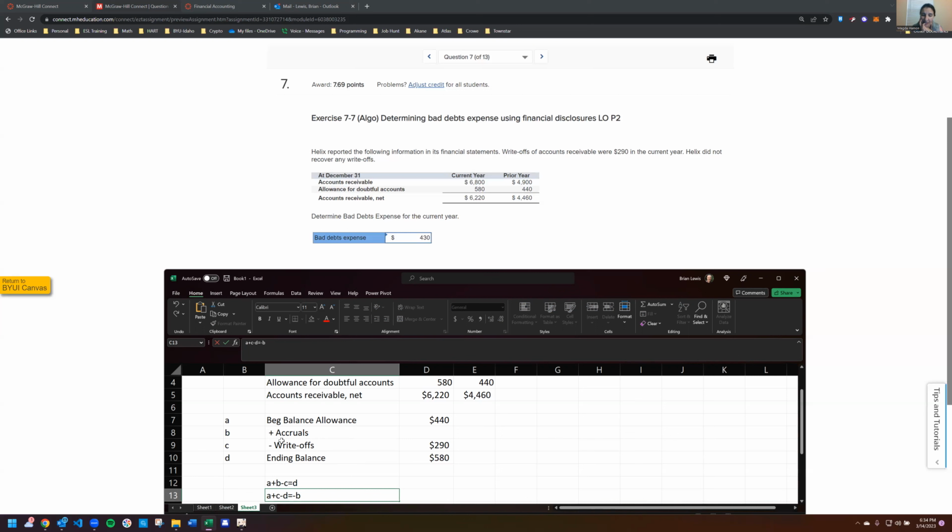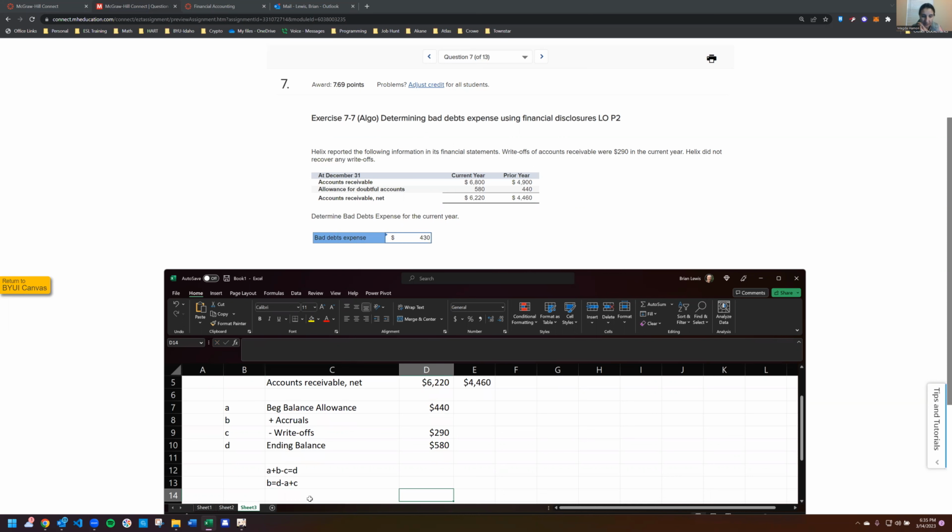Oh, we don't know B, so we're trying to figure out B. Yeah, but C is negative already, so you can't change it. It's on the same side of the equation. B equals D minus A plus C. If I keep B on this side and move everything over to the other side, that way we don't have a negative B. We just know what B should be. So B equals D, which is already on the right side, minus A plus C.